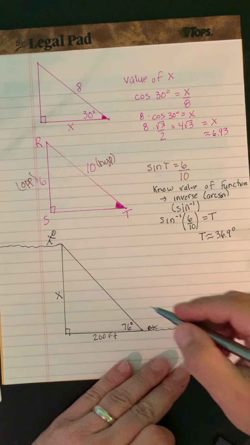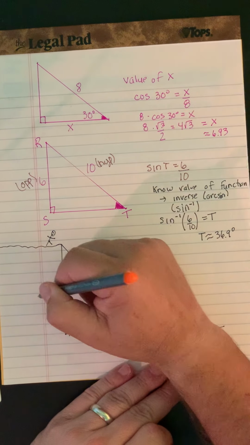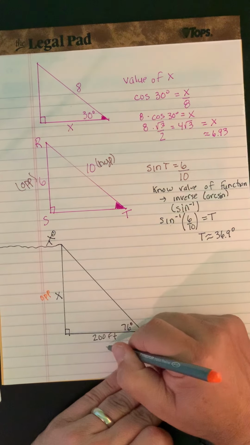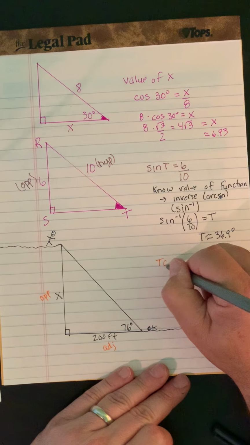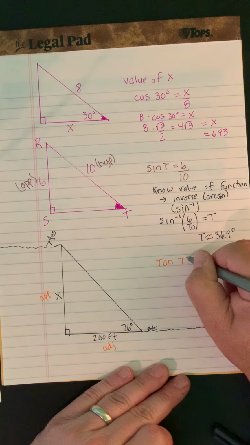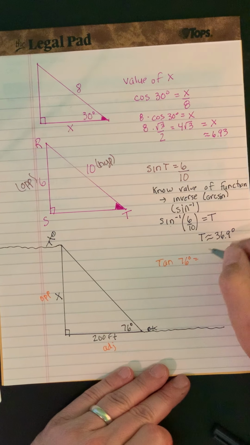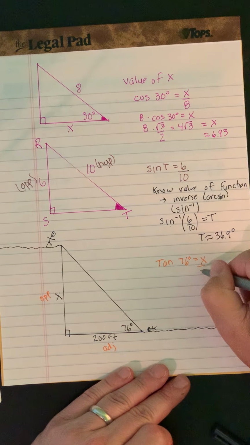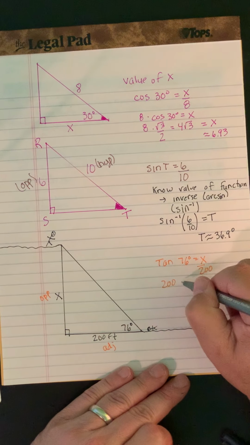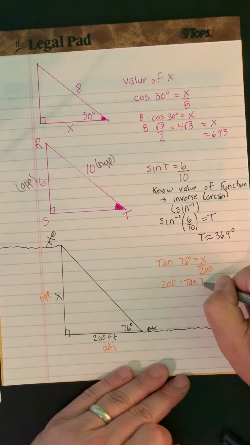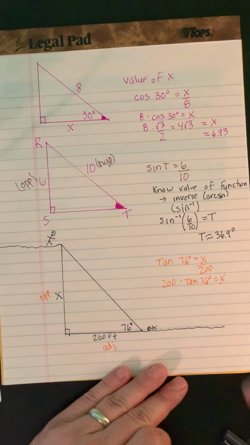So, again, in relation to 76, we have opposite, we have adjacent. So that's tangent. So the tangent of 76 degrees equals opposite over 200. So 200 times tangent of 76 equals x.